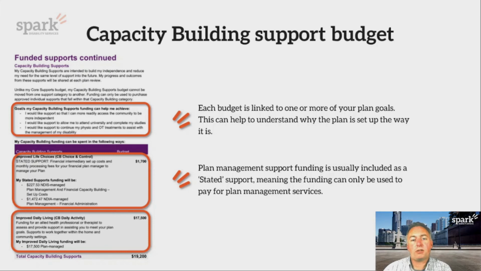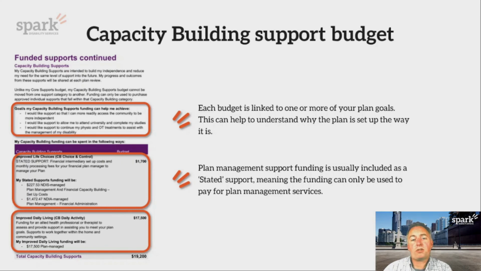It is very common to see funding included in the improved daily living support category in people's plans, because this category covers support services such as consultations with allied health therapists, for example, physiotherapists or occupational therapists, who can help a person to develop a therapy program.